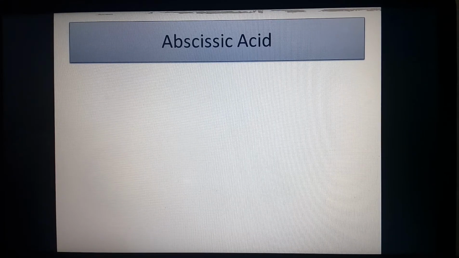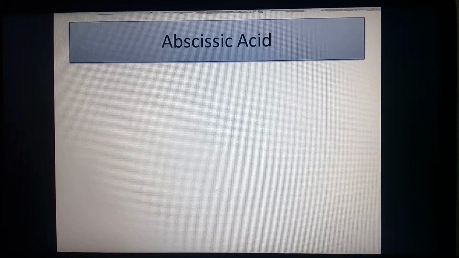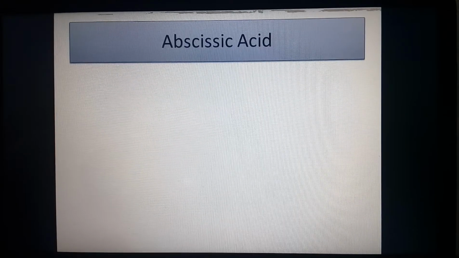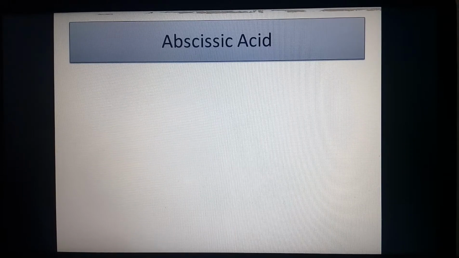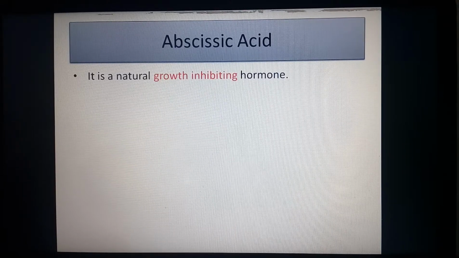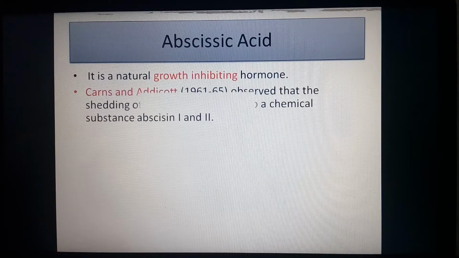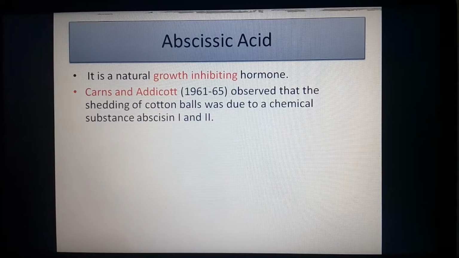Then the second growth inhibitor is abscisic acid. If we want to discuss abscisic acid, it is a growth inhibitor. Scientists Carns and Addicott were studying cotton balls.